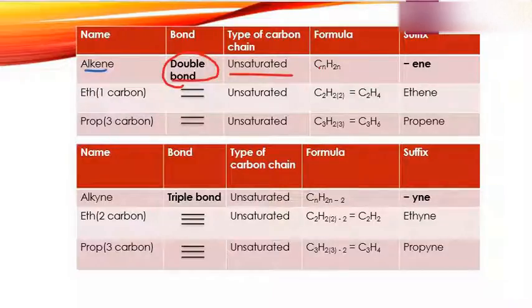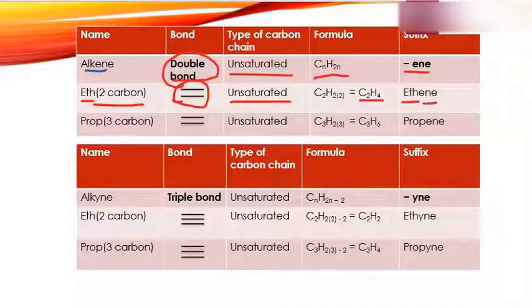The formula is CnH2n and the suffix that we are using is ene. For example, eth with 2 carbons and we have double bond which is unsaturated, C2H4. Eth and the suffix is ene, so ethene.